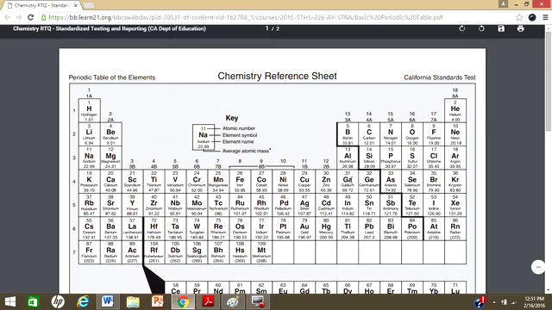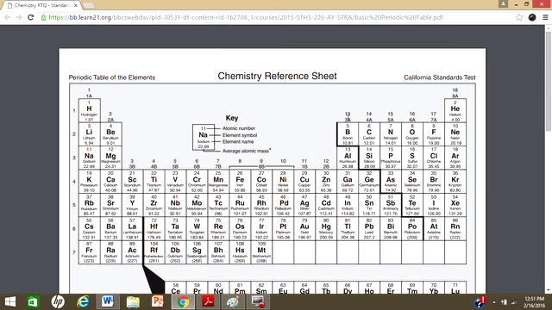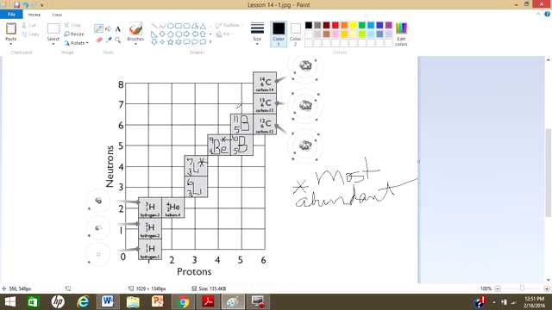So you go back to your periodic table. Here's boron. So ask yourself this question: is boron 10 or boron 11 the most abundant form of boron? Well, if you look at this number, you round it to the nearest whole number, it's going to be 11. So boron 11 is the most abundant form.